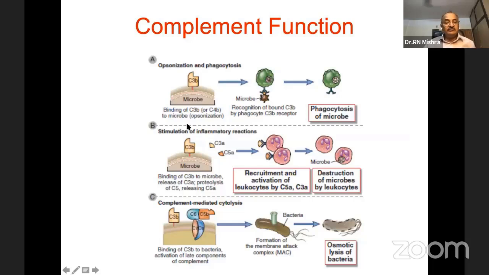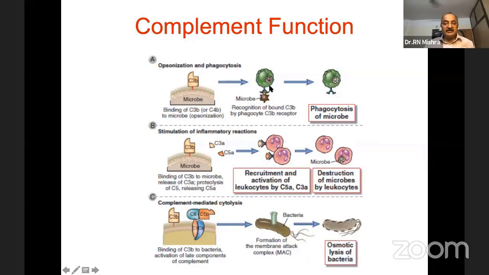So what does the complement do? Binding of C3b to microbes has good opsonizing potential.